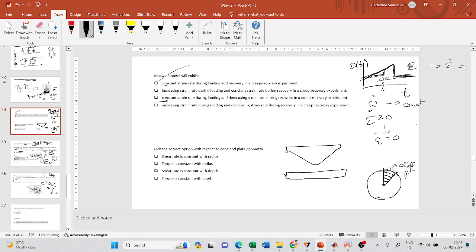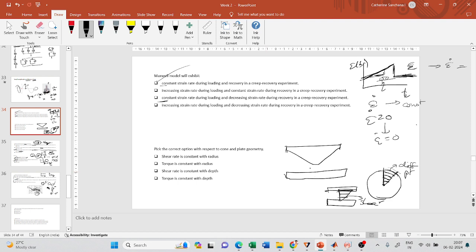It will vary with radius. Similarly, with increase in height, this is the side view, my shear rate will vary because my velocity will increase with increase in height.